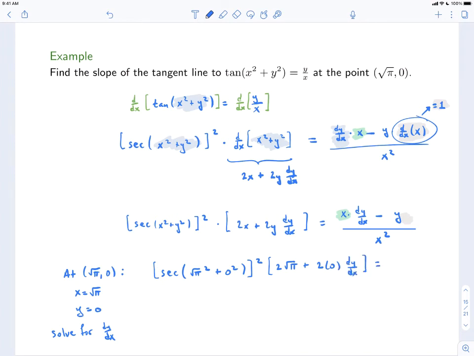And this is equal to x, which is the square root of pi, times dy/dx, minus y, which is 0, divided by the square root of pi quantity squared. Notice how nice this is going to simplify. Here we have 2 times 0 times dy/dx, so that gets rid of one of the dy/dx's. Here we have a 0 squared, but more importantly, here we have secant of pi.